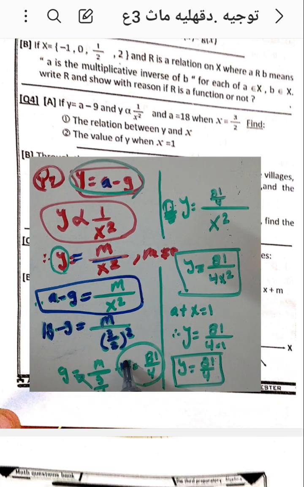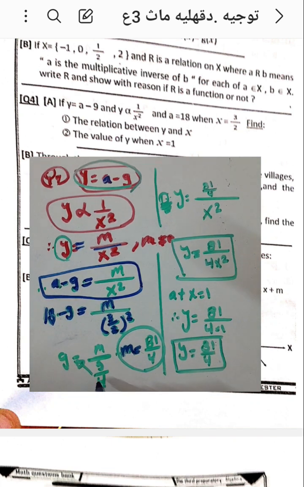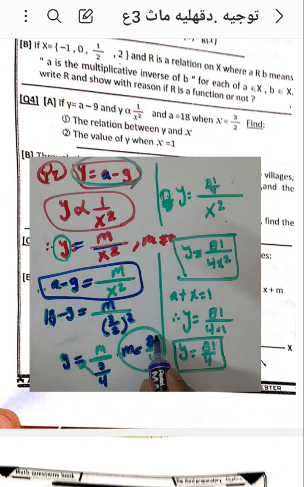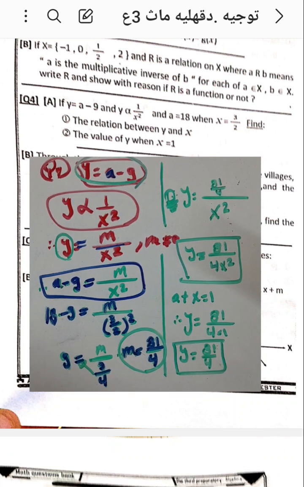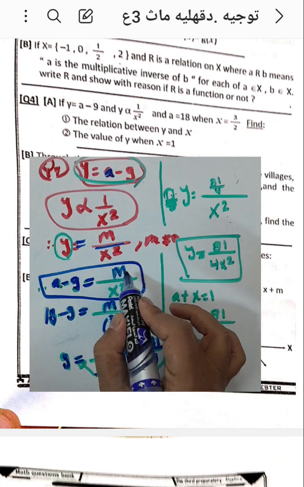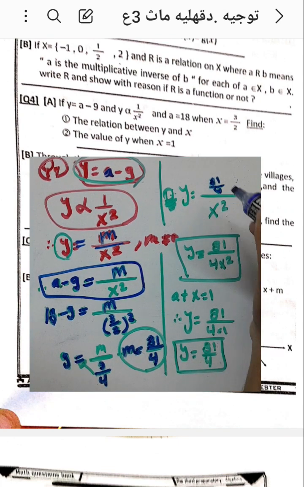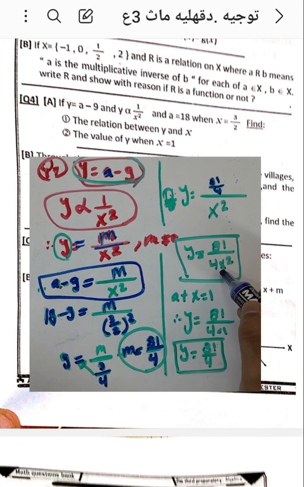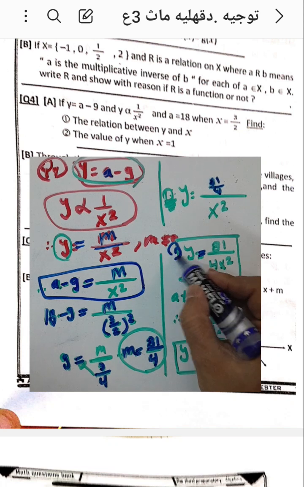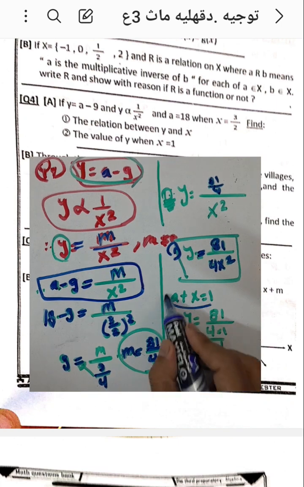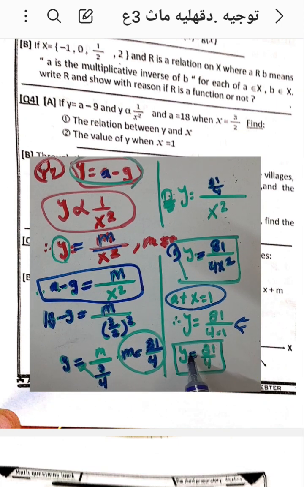To find the value of m, 18 minus 9 equals 9, and 3 over 2 power 2 equals 9 over 4. 9 times 9 over 4 is 81 over 4. Then in y, cancel m and write 81 over 4. Then y will be 81 over 4x power 2. At x equals 1, the value of y is 81 over 4.